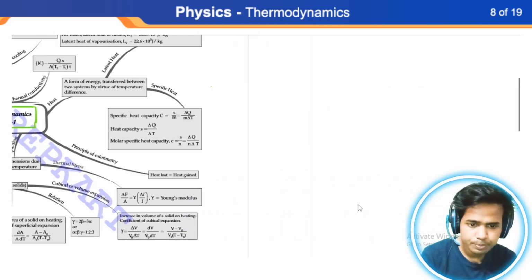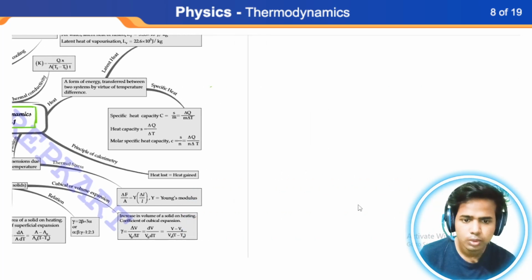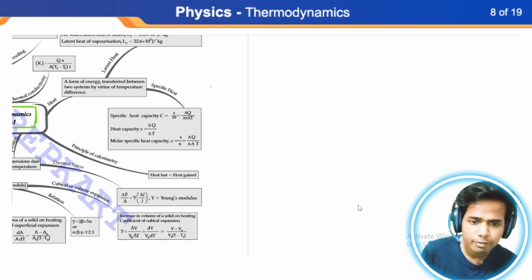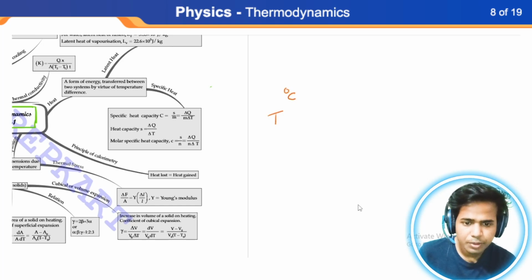So first of all, when you want to convert, let's say you have been given the temperature in degree Celsius, then temperature in Kelvin will be equal to temperature in degree Celsius plus 273.15.